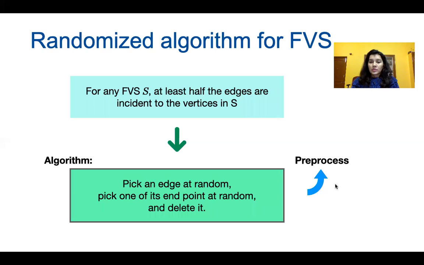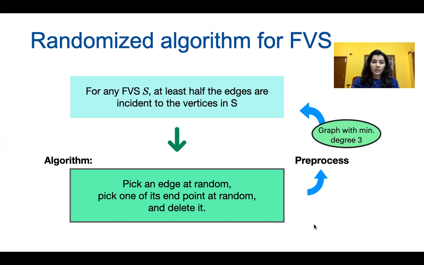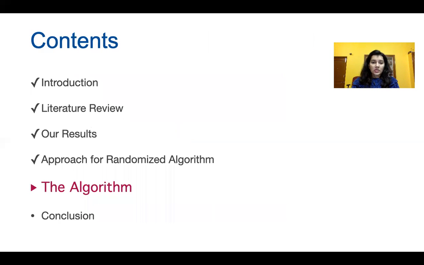After this, you preprocess, that is, you make sure that the graph is again of minimum degree 3, and once again you will have this property holding and you can repeat the process. So this particular algorithm by Becker et al. was a randomized algorithm with a running time of order 4 to the power k. This is the same idea that we use in our paper, but with a lot of other variations.